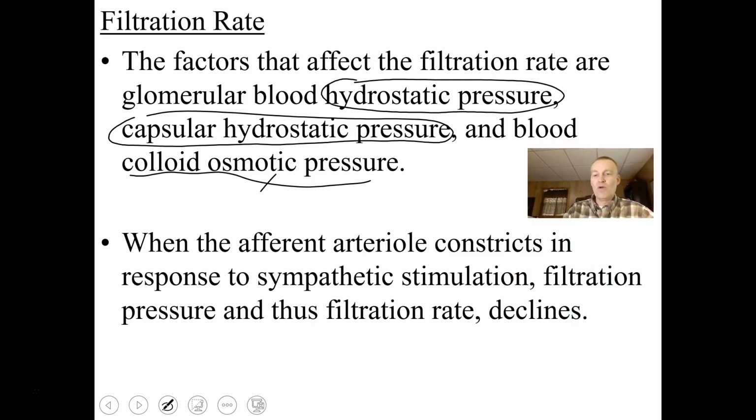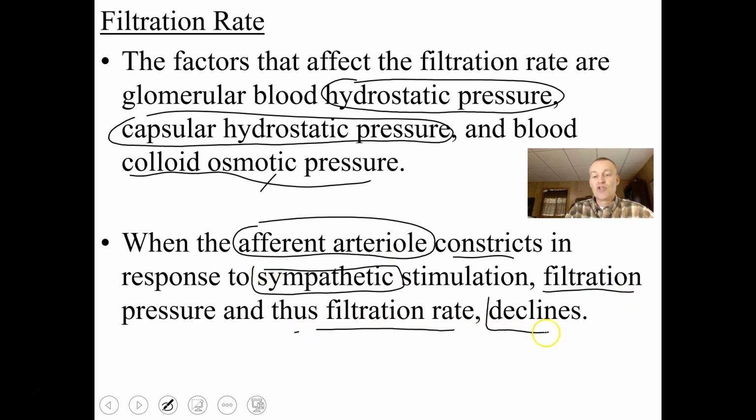All right, well, one thing that can affect something like the hydrostatic pressure is the afferent arteriole. So if you have the little smooth muscles around the afferent arteriole, if they constrict in response to sympathetic nervous system stimulation, then your filtration pressure and thus your filtration rate will decline.